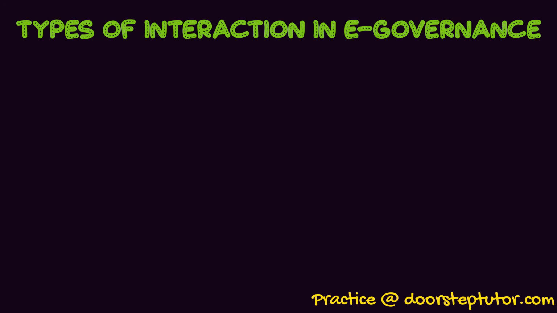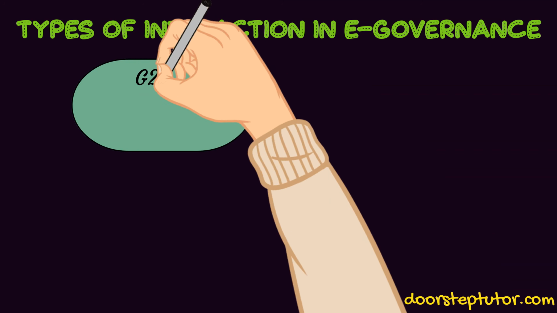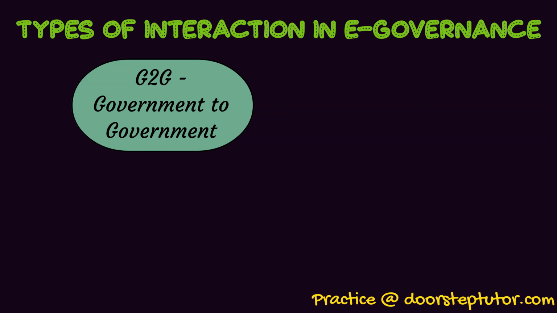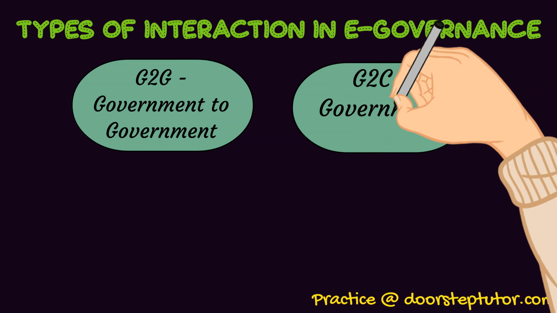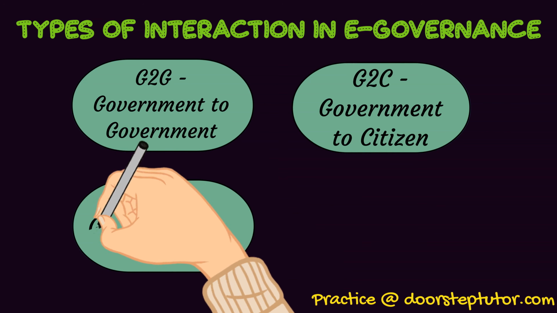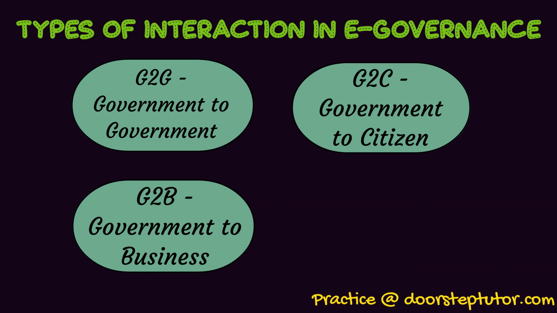Now, here are some types of interaction in e-governance. So, e-governance is not solely for the citizens of a country. There is an interaction in e-governance where the interaction can be between government to government, that is between the state, interstate governments, or with the state and central government, government to citizen, government to business, that is there are so many businesses involved and the government has a role to play in those businesses also because we have a mixed economy.